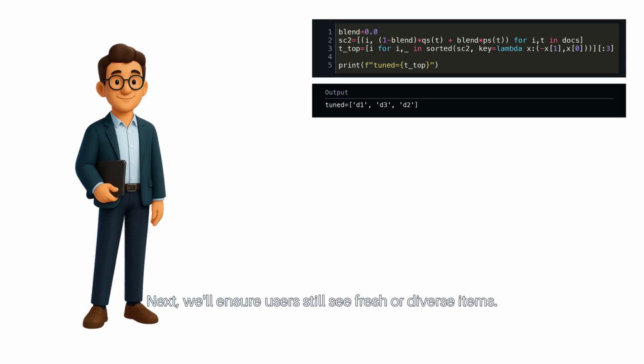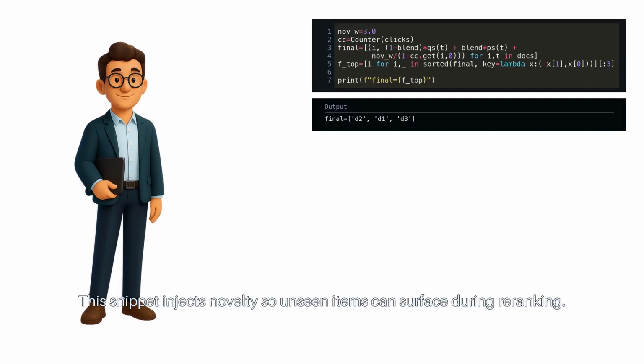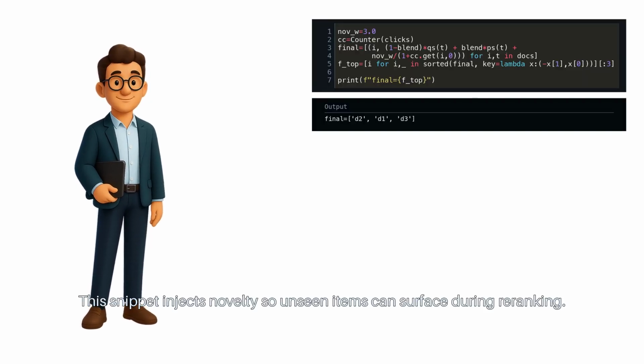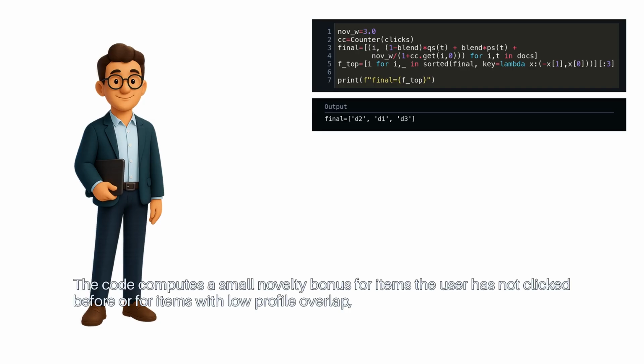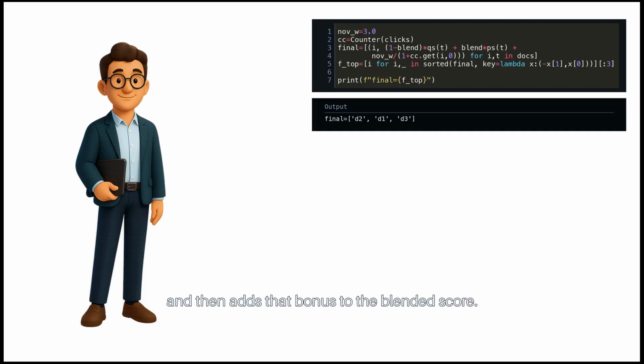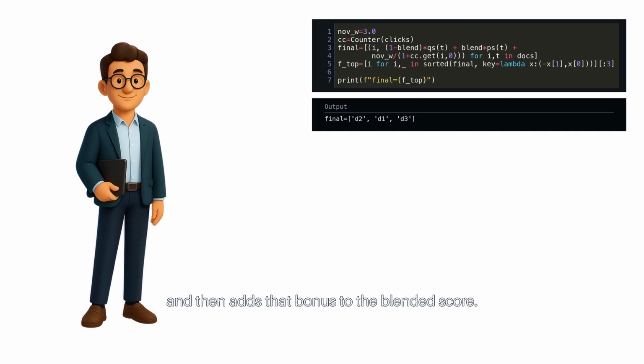Next, we'll ensure users still see fresh or diverse items. This snippet injects novelty, so unseen items can surface during re-ranking. The code computes a small novelty bonus for items the user has not clicked before, or for items with low profile overlap, and then adds that bonus to the blended score.